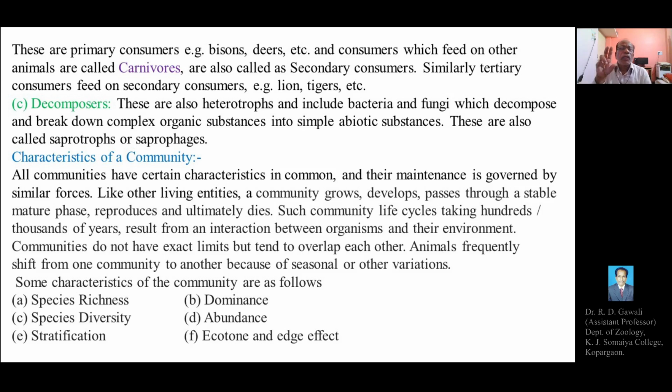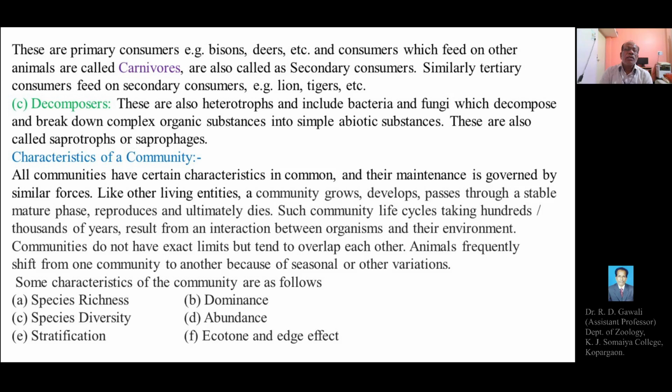So this is the introduction of the community, and there are different characteristics of the community, which are as follows: species richness, dominance, that is species dominance or community dominance, species diversity, abundance, stratification, ecotone, and age effect.